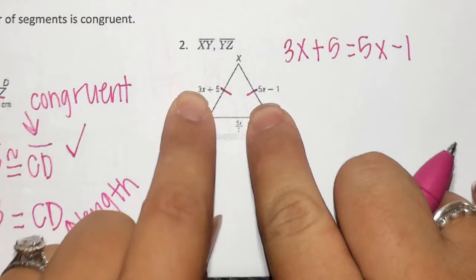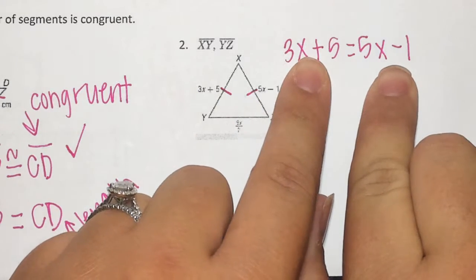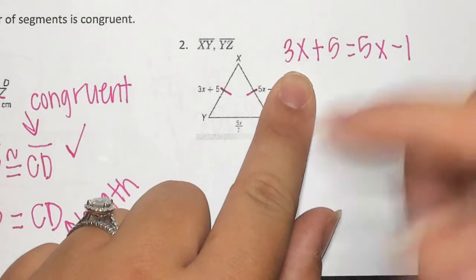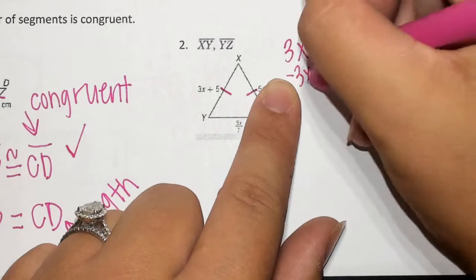I know these are the same, so I'm just setting them equal to each other. Let's solve for x. Subtract 3x.